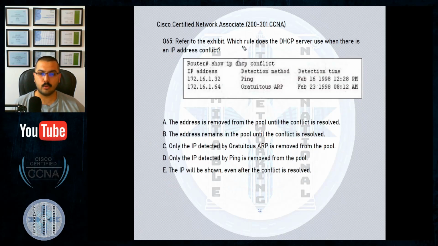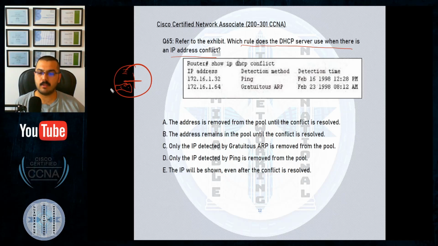Question 65. Which rule does the DHCP server use when there is an IP address conflict? Your router is acting as a DHCP server, and inside it there is a pool of addresses, and there are some excluded addresses that should not be given to devices.